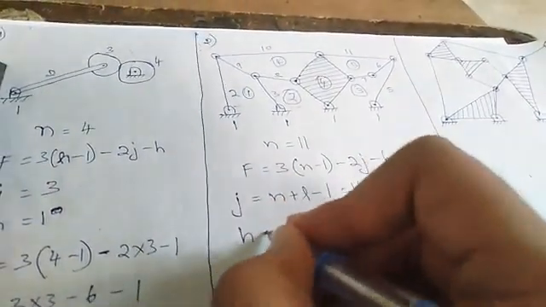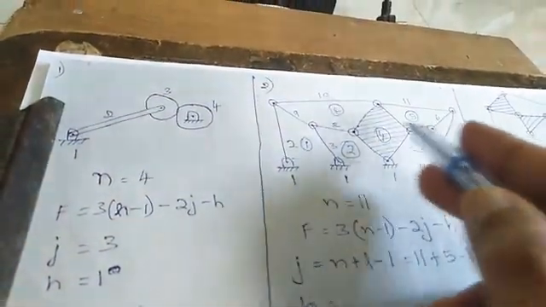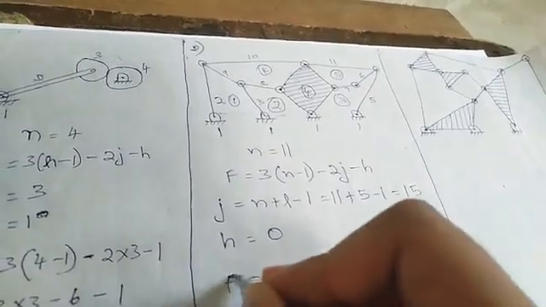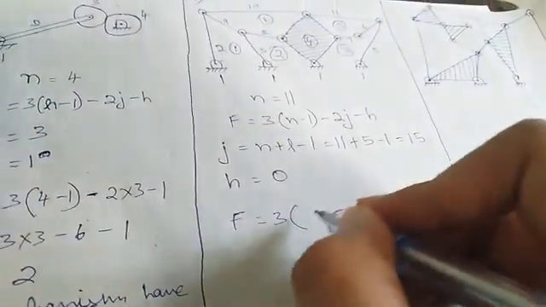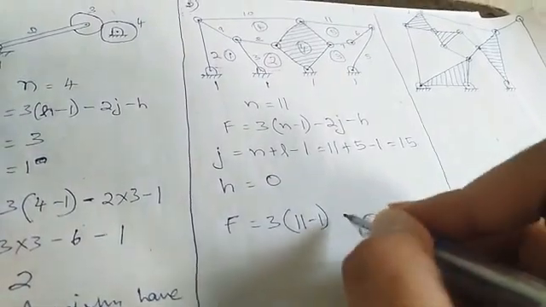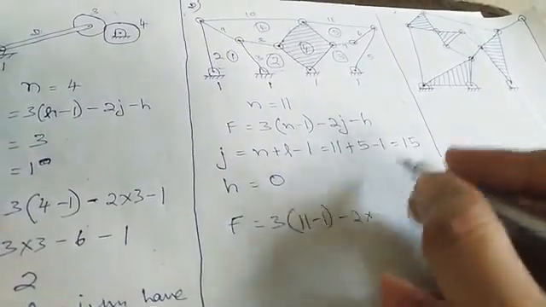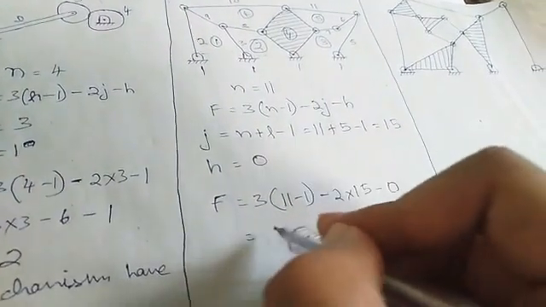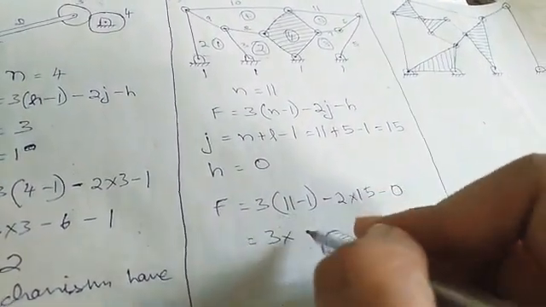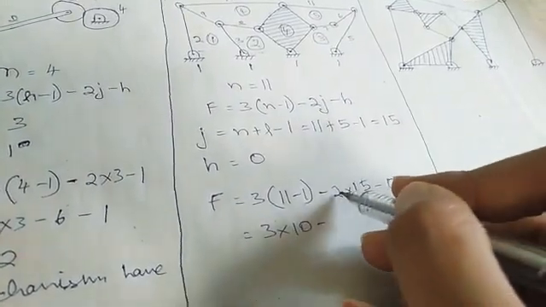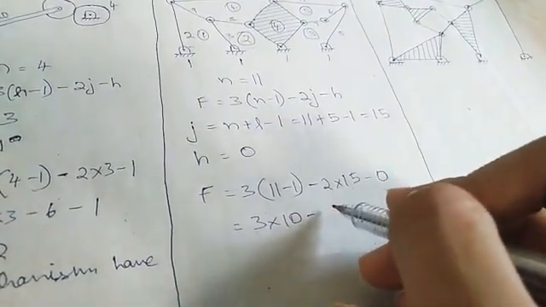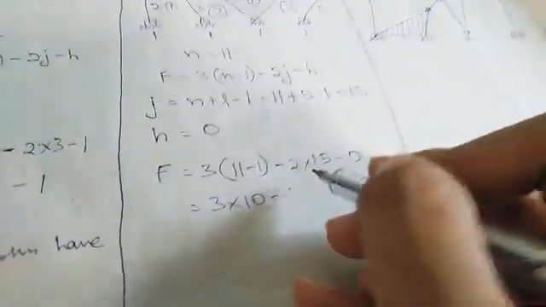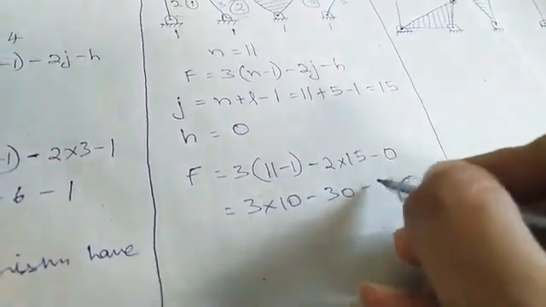Now the value of h. Here links don't have any 2 degree of freedom joints, so the value of h will be 0. The number of degrees of freedom, F is equal to 3 into 11 minus 1, minus 2 into j, 15, minus h, 0. 3 into 11 minus 1, 10, minus 15 into 2, 30, minus 0.